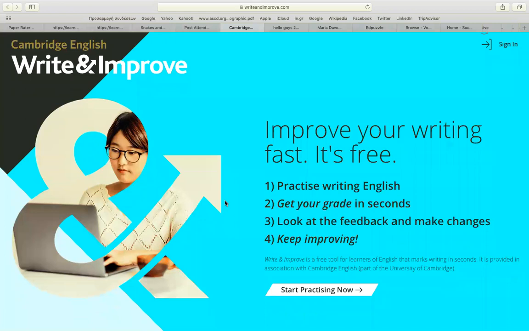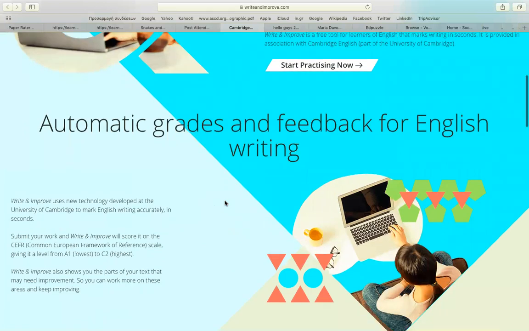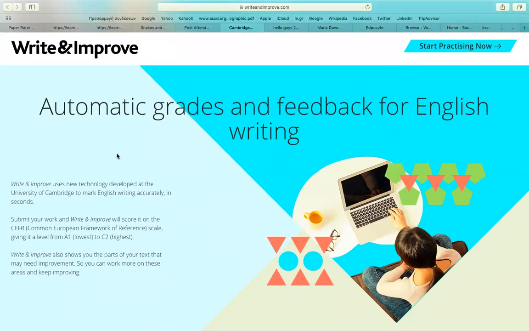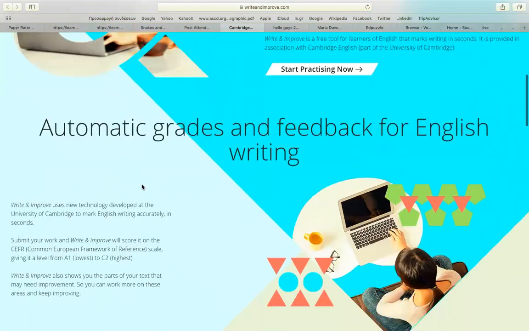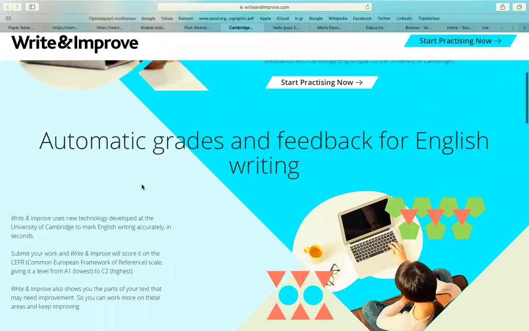This is from Cambridge. I used it with my B2 because they're preparing themselves for exams. It's the Write and Improve. You send them your written task and you get automatic grades and feedback. It's similar to Paperator, but it's more focused on Cambridge exams.